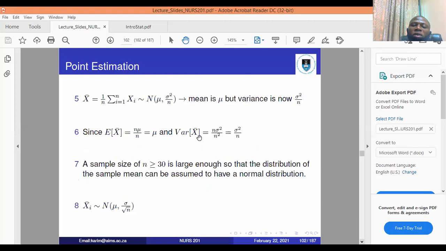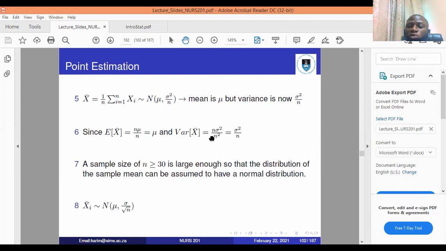Now, if I do that, this is what I'm going to get. Because I'm dividing the n mu by n, the n will cancel n, so it will just leave only mu. And for the variance, because I have a variance, I have to square, so it's going to be 1 over n squared.